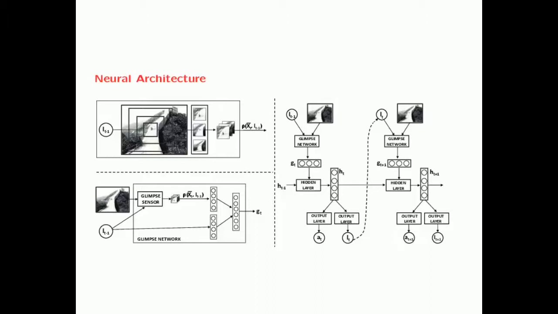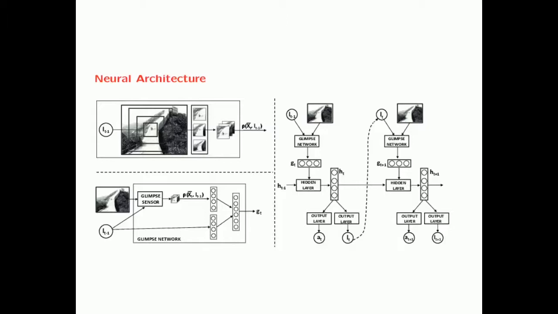So here I have shown the neural architecture. The overall neural architecture is shown on the right, whereas different components of the neural architecture are shown on the left. So let's focus on the portion of the architecture on the right. As you can see, at each time step, the input is the image. It's the same image at each timestamp because you're trying to classify it, and it's a location.